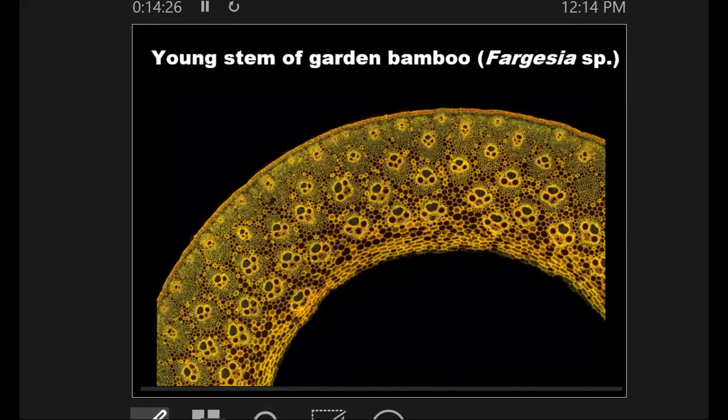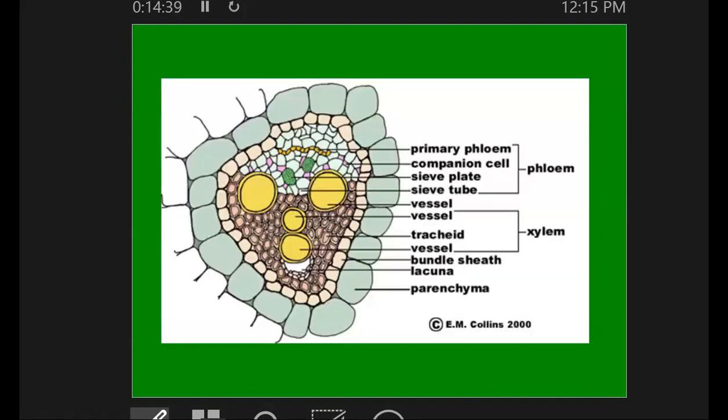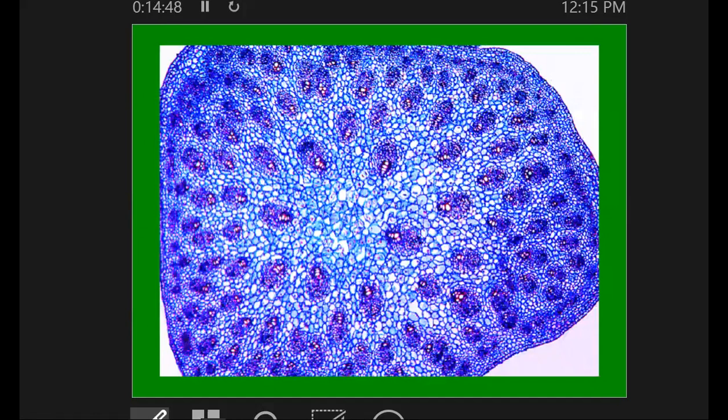Okay. So it depends on the plant species and how good, excuse me, how good the prep was. But it's very often that we introduce the concept using an idealized drawing like this. Okay, vascular bundles, xylem and phloem together.